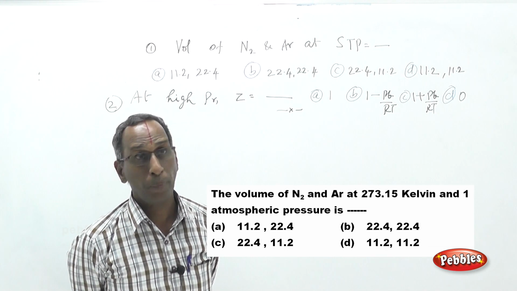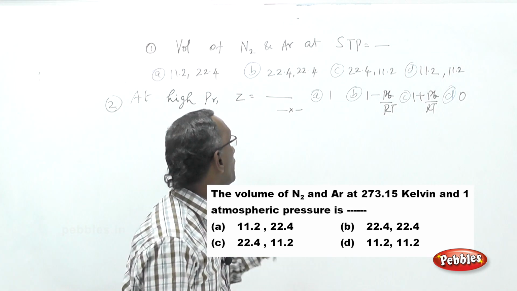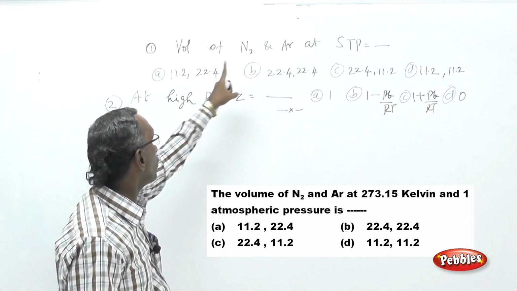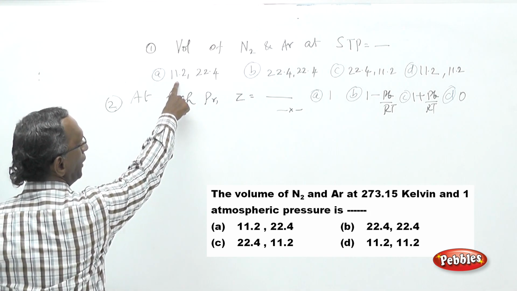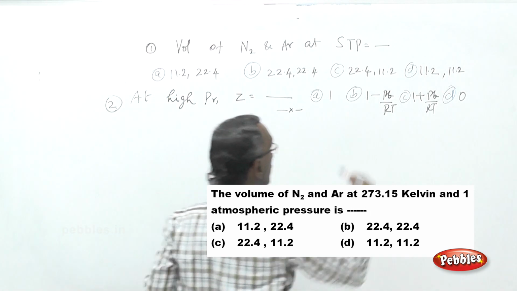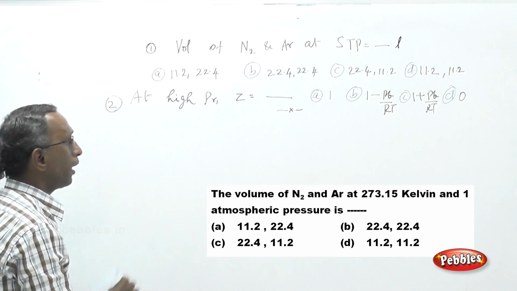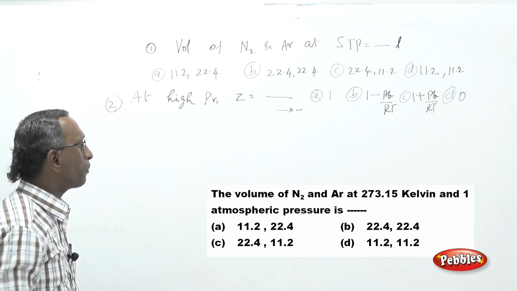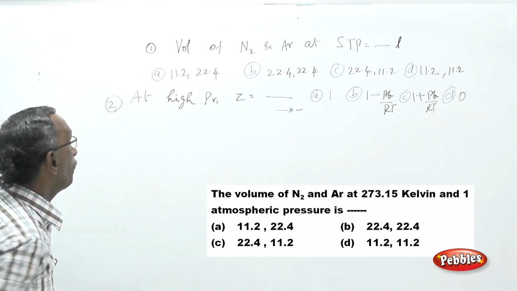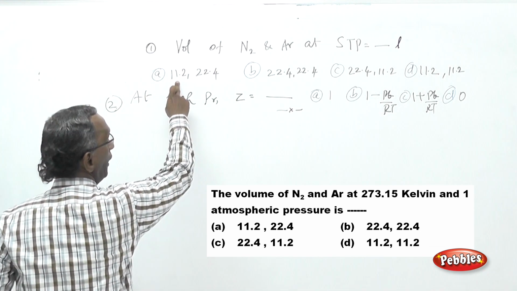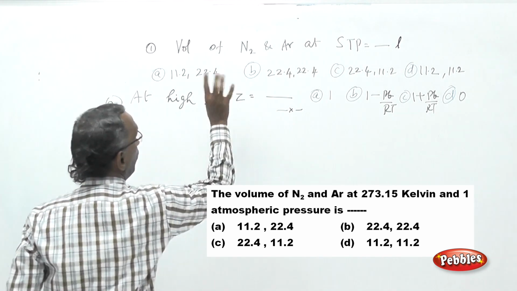Molar volume is the volume occupied by a mole. There are four choices given, all in liters. The first one is for nitrogen, the second one for argon.